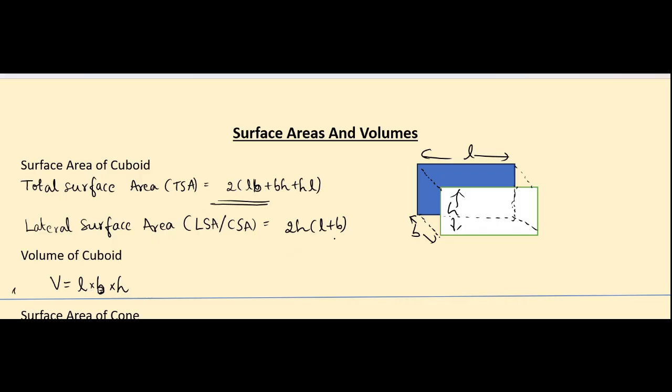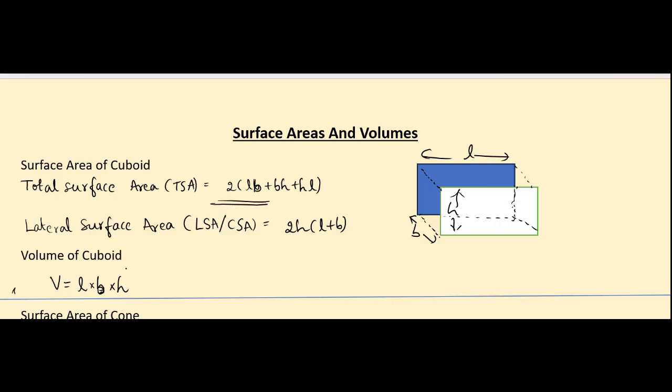First we add length and breadth, multiply by height, and do that 2 times. We will get the lateral surface area.